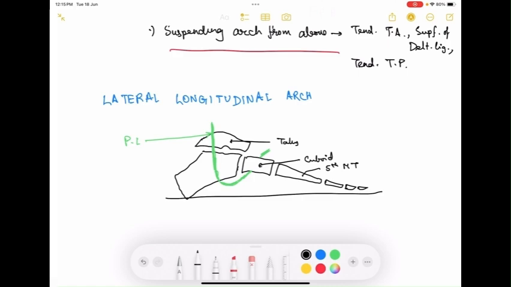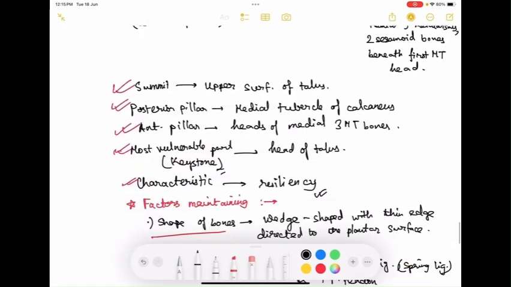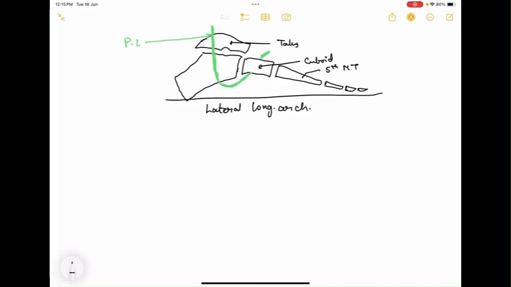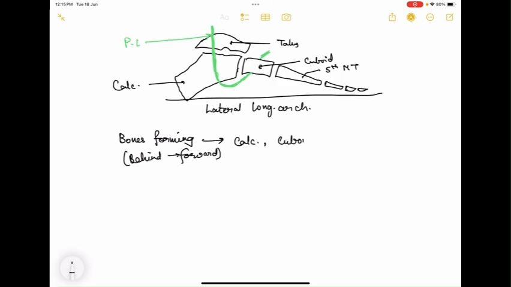So we'll get the medial longitudinal arch, lateral longitudinal arch. Let's write one after another. Bones forming the arch, from behind to forwards: calcaneus, cuboid, you cannot see it, right?